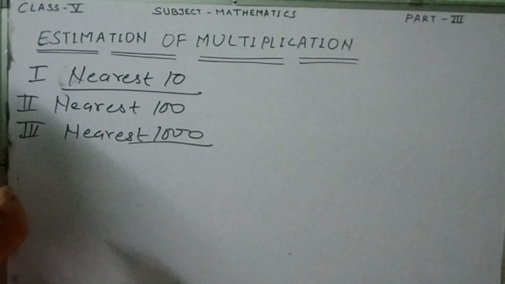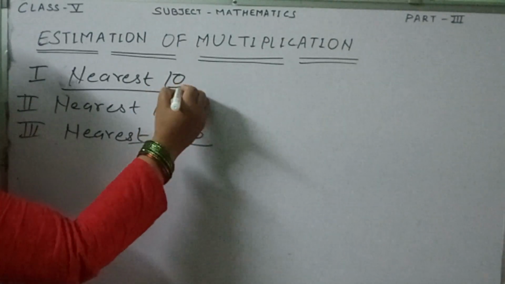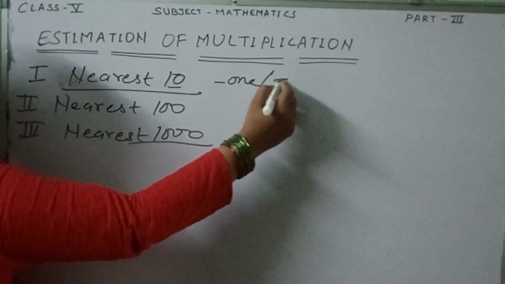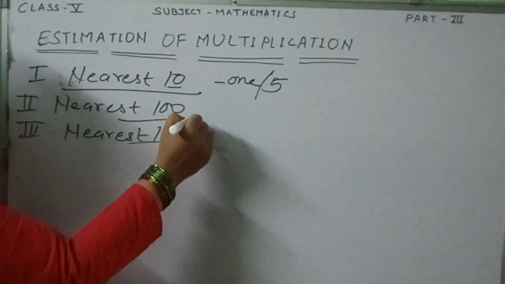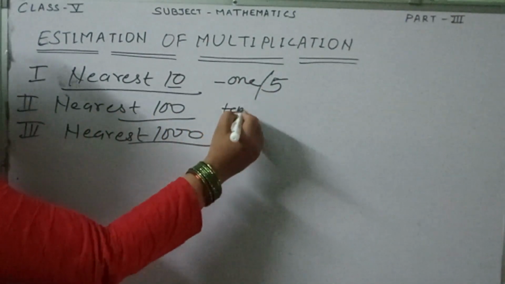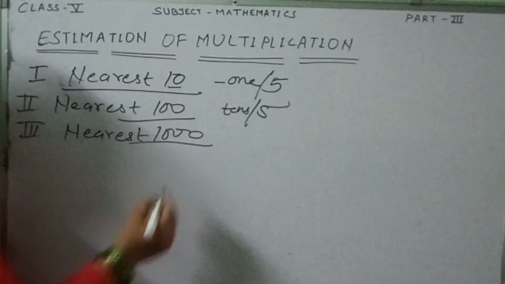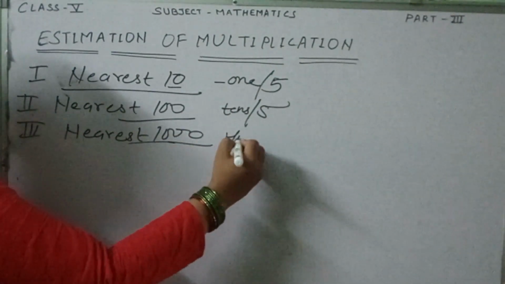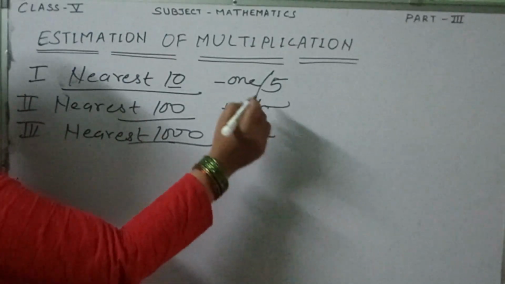I will explain: in the case of tens, you have to check the ones value and compare it with 5; in the case of 100, check the tens value and compare with 5; and in the case of 1000, we have to check the value of the hundreds and compare with 5.